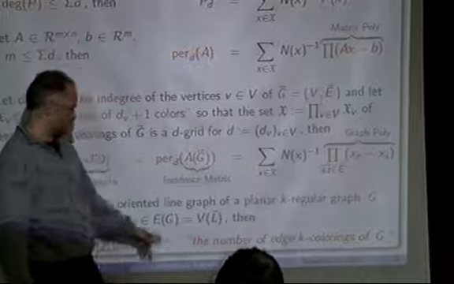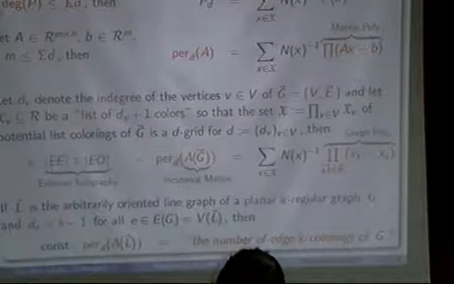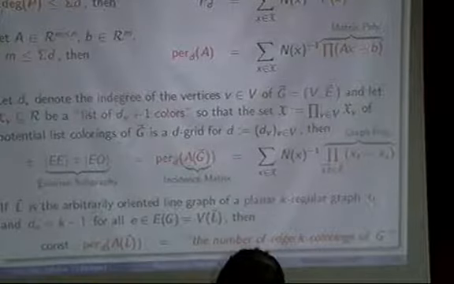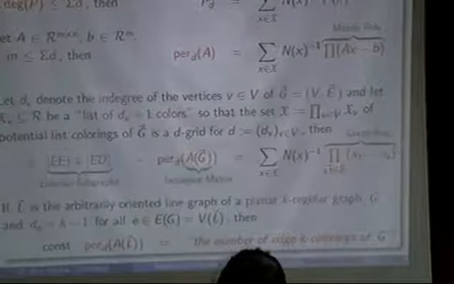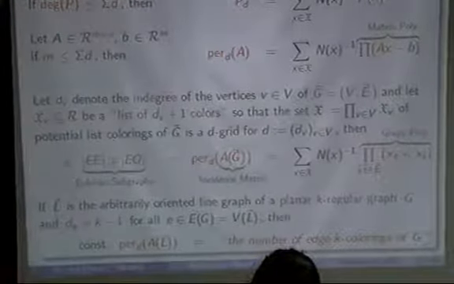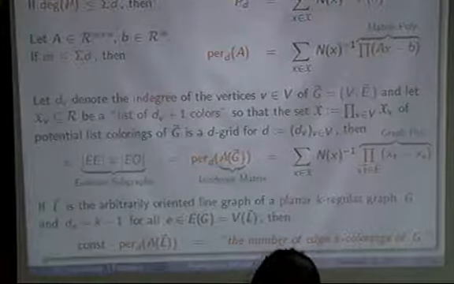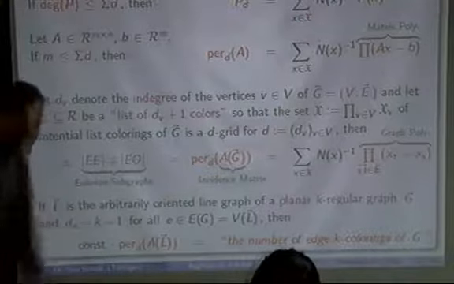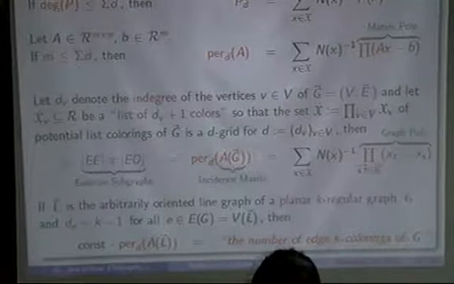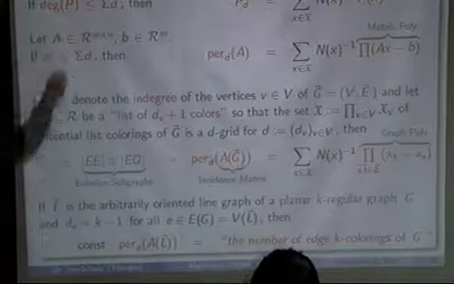If they are non-zero, you get here the number of colorings of this line graph, and the vertex coloring of the line graph is the edge coloring of this graph. And in the planar 3 regular case, the edge colorings correspond to the face colorings, for example. So that's Scheim's formula for the number of colorings of a planar 3 regular map. And that's a very special case now from this.